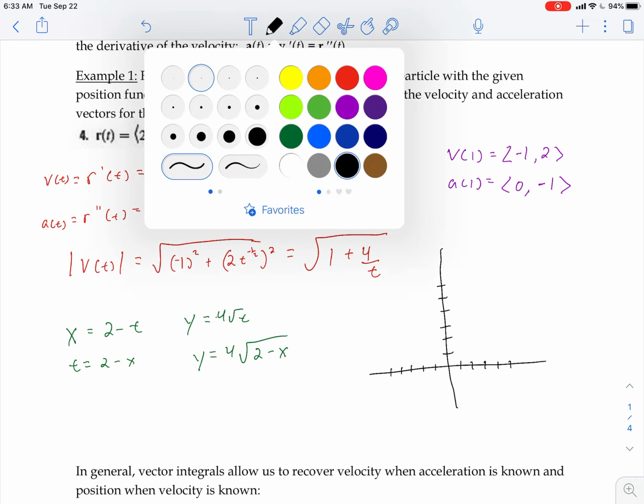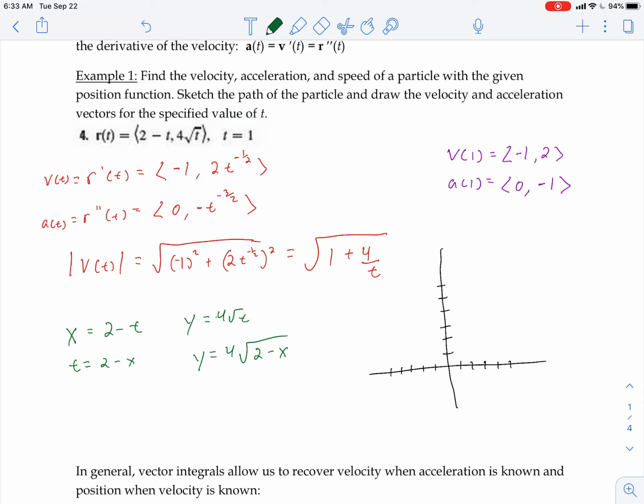And now I'll plot my equation in green. Here we know that when x is 2, we're going to be at a value of 0. When x is 1, we're going to be at a value of 4. And the next whole number we would try would be negative 2, and that would give us 4 square root of 4, which is 8.